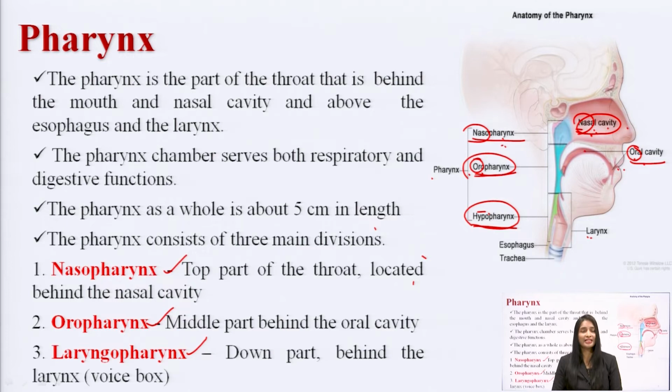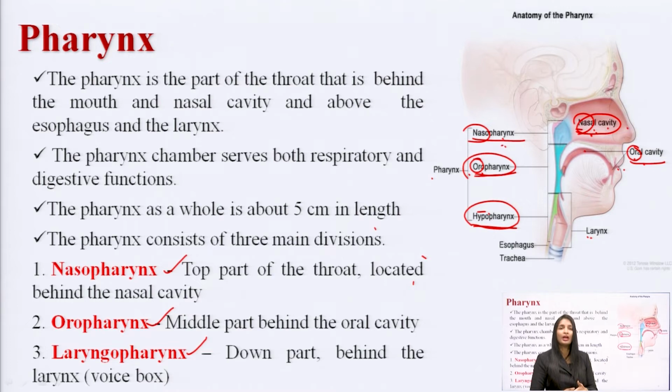The pharynx is a very important part of the throat, located behind the nasal cavity and mouth, on the upper portion of the esophagus, and it has been divided into 3 divisions.